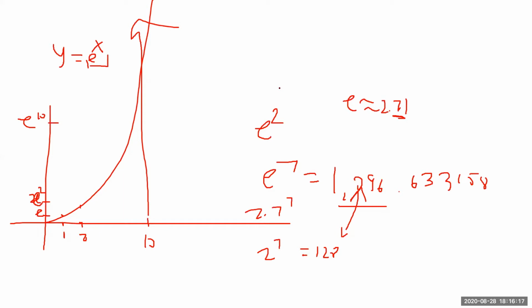So multiply 2.71 times 2.71 times 2.71 times 2.71 times 2.71 times 2.71 times 2.71. 1, 2, 3, 4, 5, 6, 7, 7 times. And that will give you a ridiculously large number.